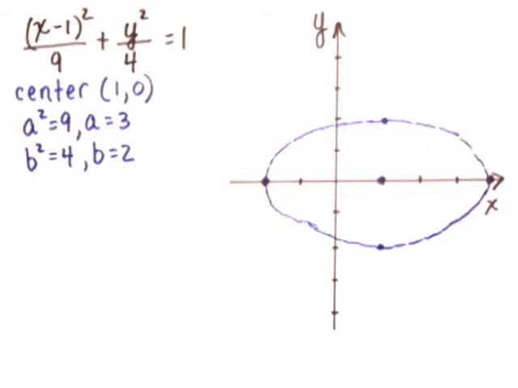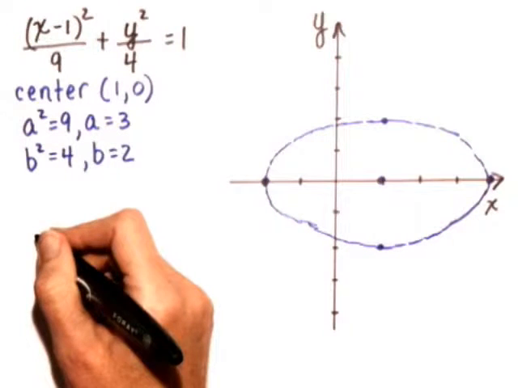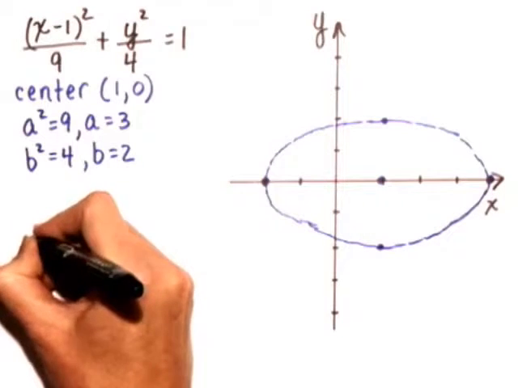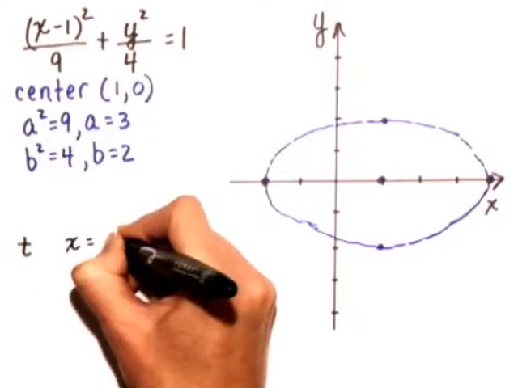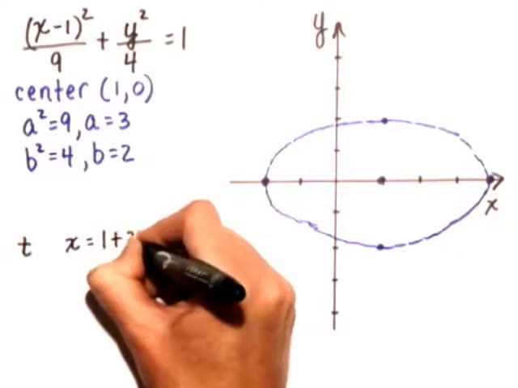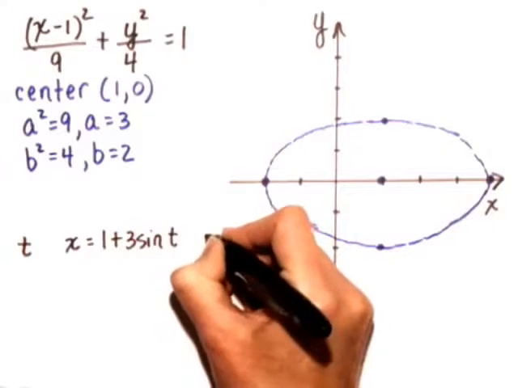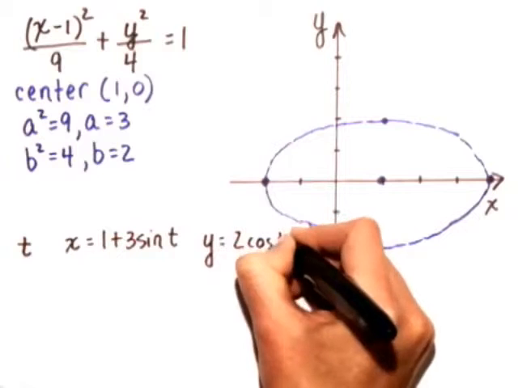Now, we would also like to use arrows to show the orientation. So what we want to do is get some information using t. So remember, with our given information, we have x, which is equal to 1 plus 3 sine t, and we have y, which is equal to 2 cosine t.